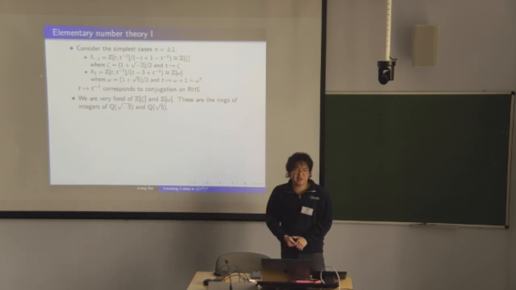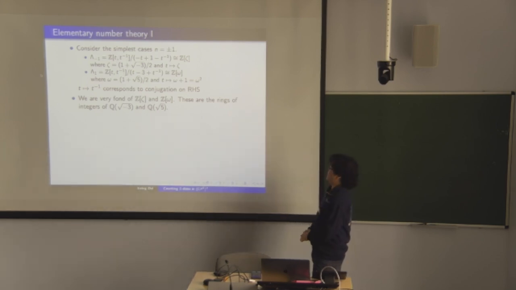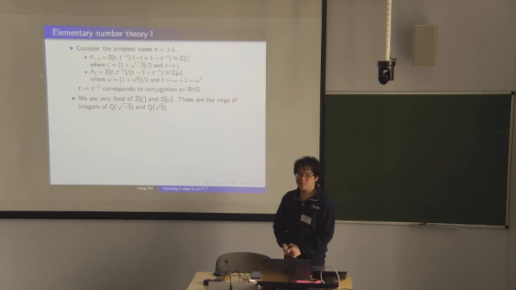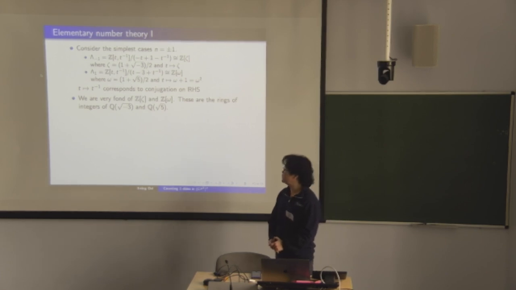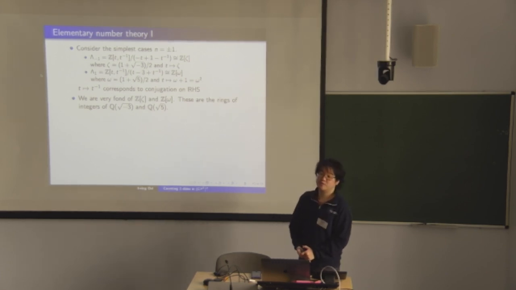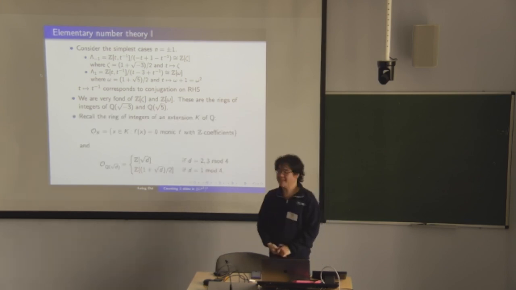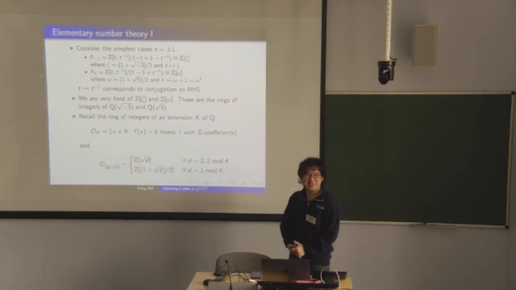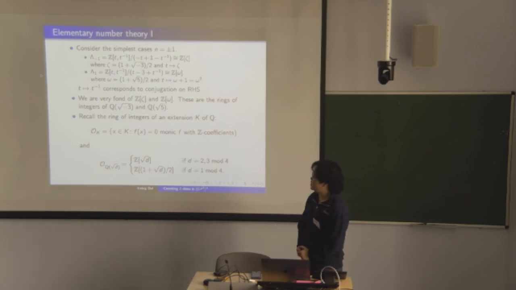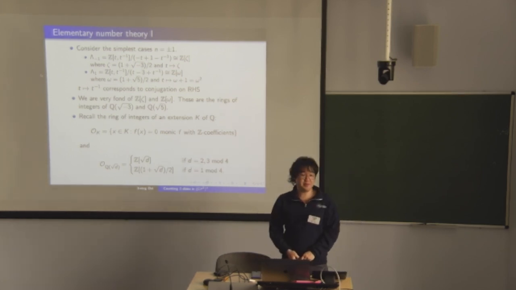What is so good about making this identification? Well, we are very fond of these two rings. Hopefully you've seen them before. These are the so-called rings of integers of the quadratic number fields Q adjoin square root of minus 3 and Q adjoin square root 5. Let me briefly jog your memory. If I have a field extension of the rational numbers, then the ring of integers of that field extension is the set of things satisfying a monic polynomial with Z coefficients.